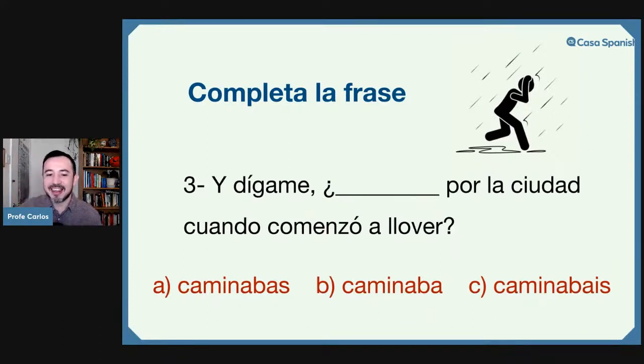What do you guys think? So, a clue, remember that sometimes I try to trick you. A clue would be that dígame. Dígame. So, who are we talking to?